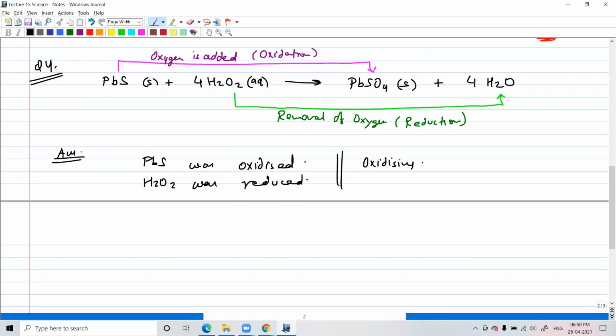Oxidizing agent is hydrogen peroxide, sir. And reducing agent is lead sulfide. Yes, whichever got oxidized, that is the reducing agent. Whichever got reduced is the oxidizing agent.